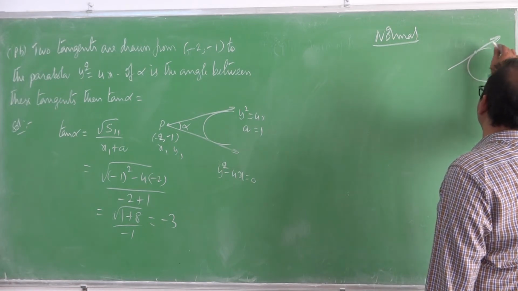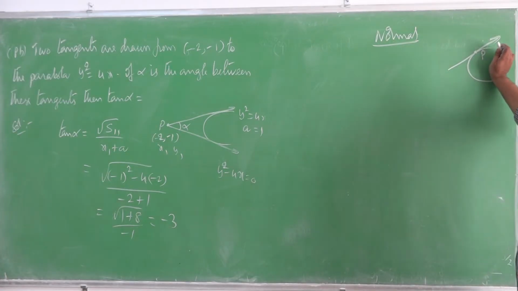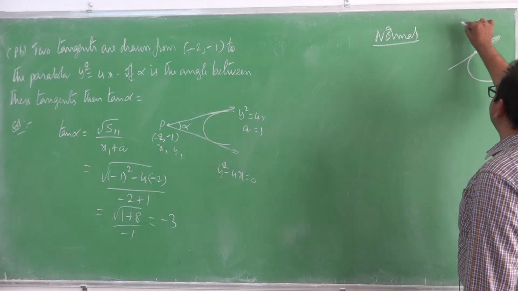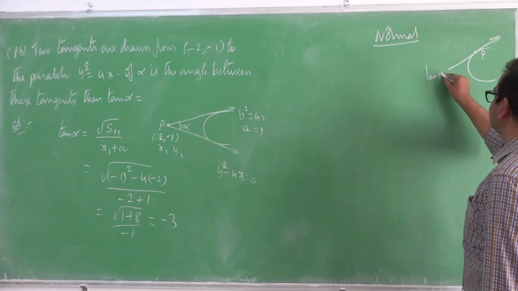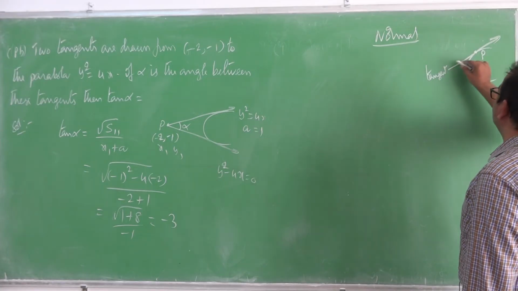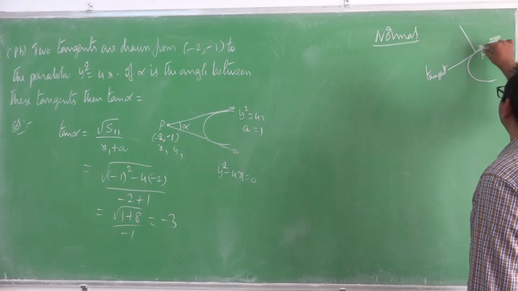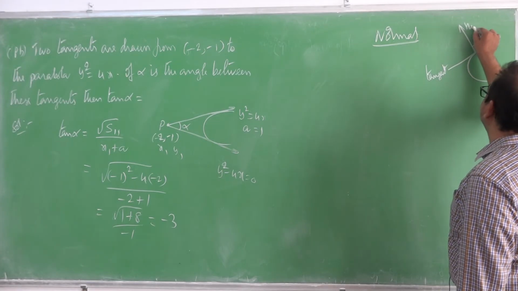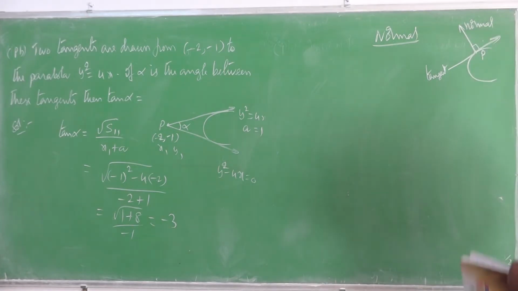Let the point be P. P is the point of contact. Now normal means it is a line perpendicular to this tangent and passing through the point of contact. This line is called the normal line.